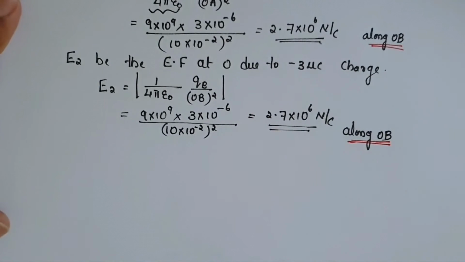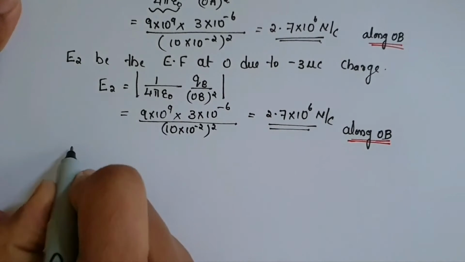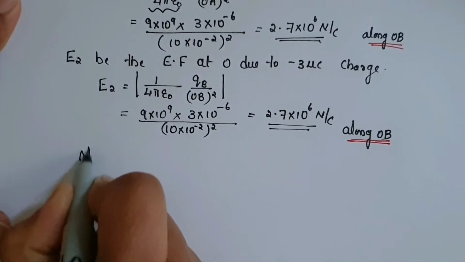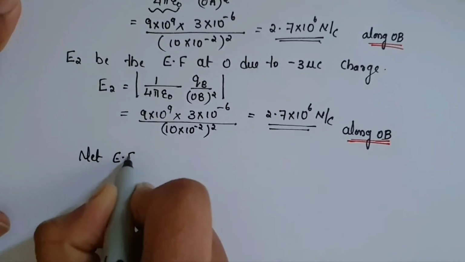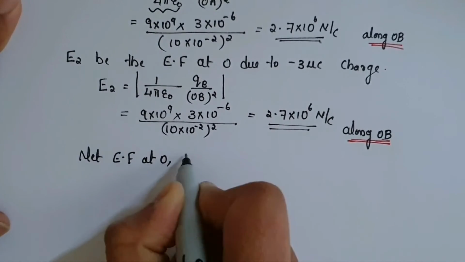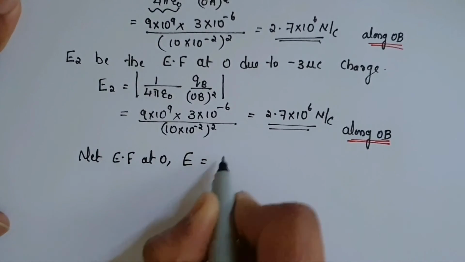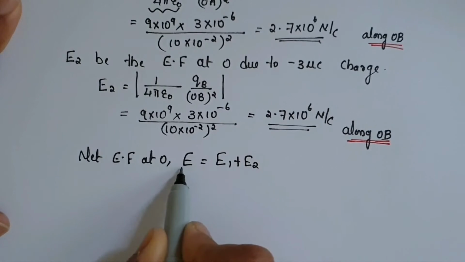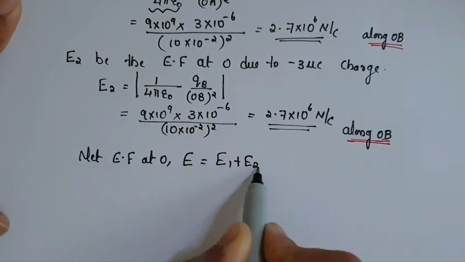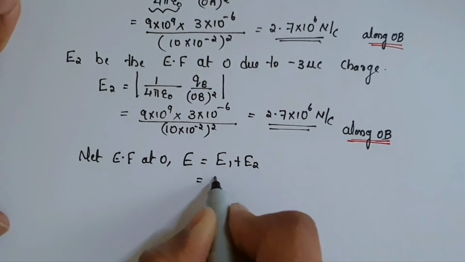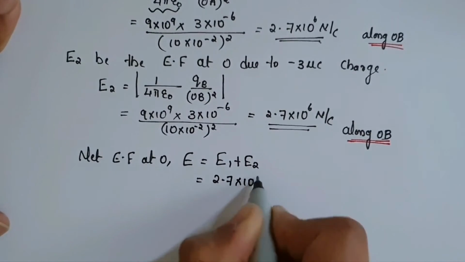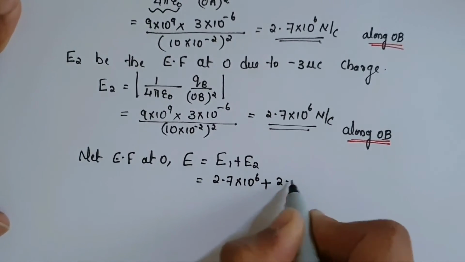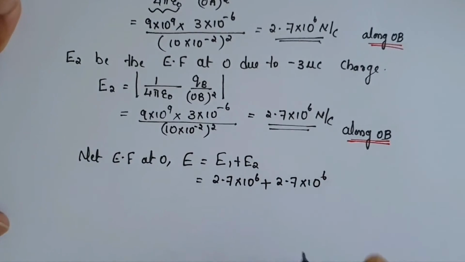Now we have to find the electric field at the midpoint. So the resultant electric field at O, since E1 and E2 are acting along same direction, so the resultant is equal to E1 plus E2. This is equal to 2.7 into 10 raised to 6 Newton per Coulomb plus 2.7 into 10 raised to 6 Newton per Coulomb.